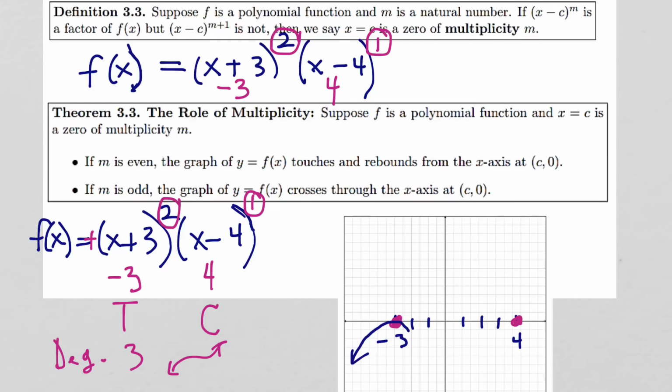And I knew it came down from down on the left for end behavior purposes. Now when I hit 4, I'm going to cross. So there's going to be some connection that has to occur here. And then I go back out on the other end, so I meet the end behavior of being down, up.